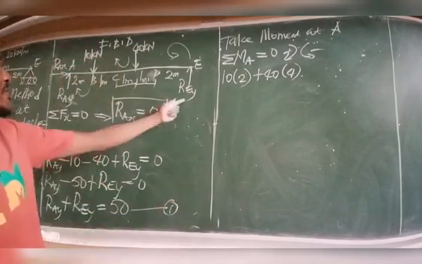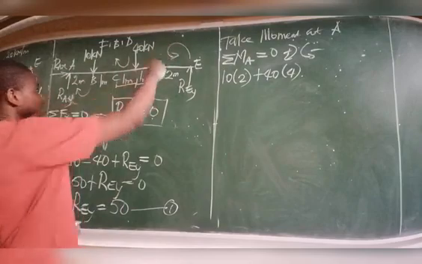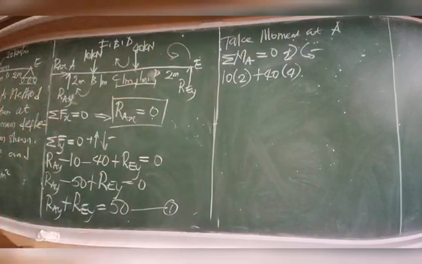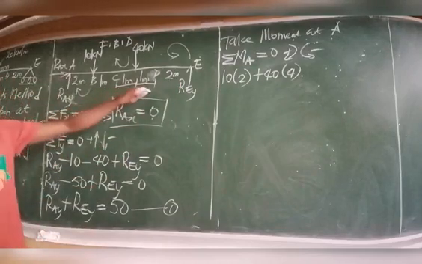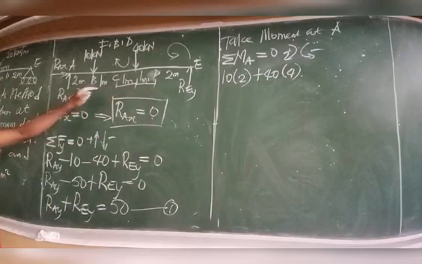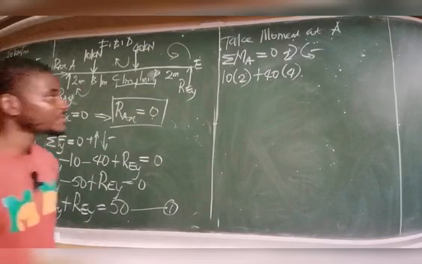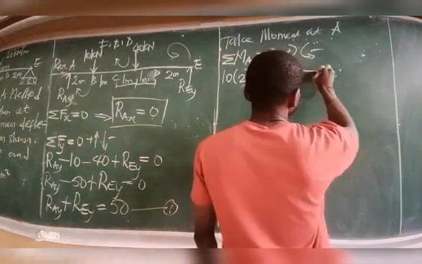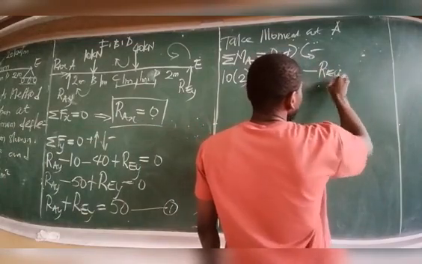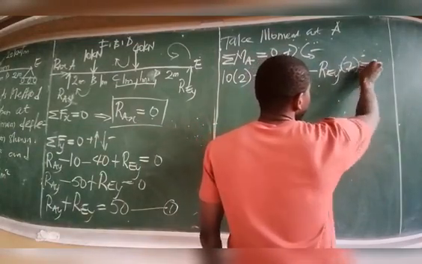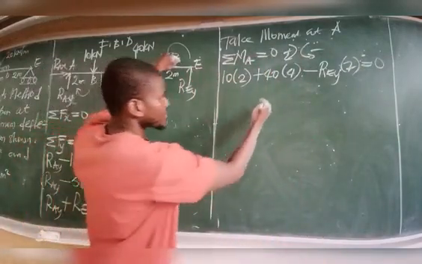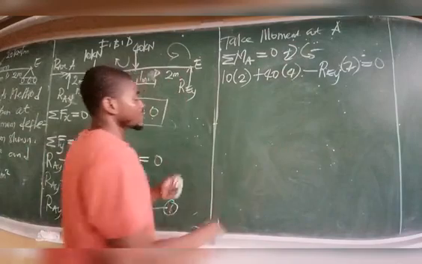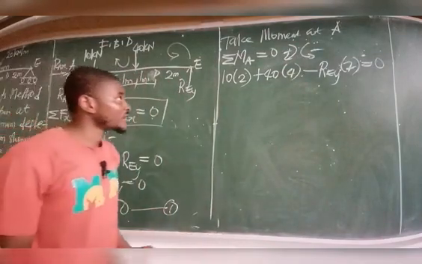The total distance it takes this force to get to point A becomes the total length of the beam, which is 2 plus 2, plus 2, plus 1 plus 1, which is 4, 5, and 7 meters. So we simply have minus REY times 7. It becomes minus because the moment of this force is anti-clockwise to our direction. From here, it's anti-clockwise, so it becomes negative.